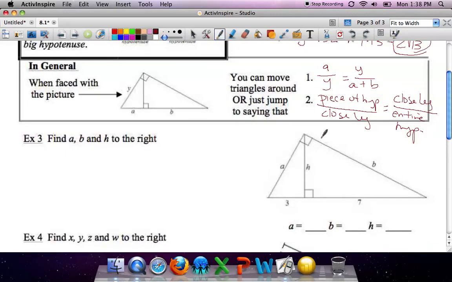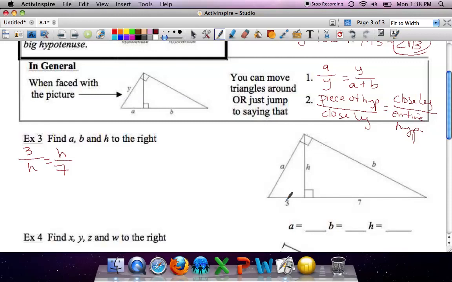So let's do example 4, set them up together, and you can solve them out yourself. If I give you a picture like this, for me the easiest one to always do is this one: 3 is to h as h is to 7. So that would be one setup.